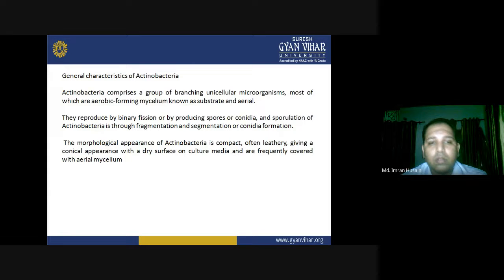The morphological appearance of actinobacteria is compact, often leathery, giving a conical appearance with a dry surface on culture media, and frequently covered with aerial mycelium.